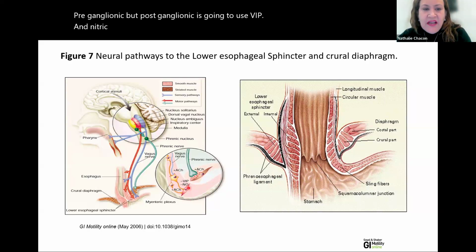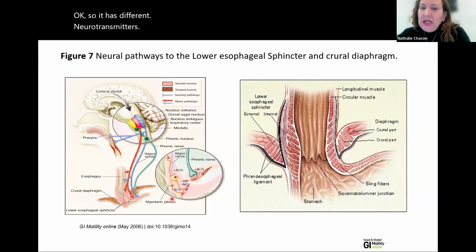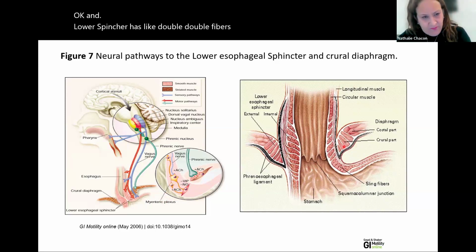VIP is vasoactive intestinal peptide. Okay, so it has different neurotransmitters. The lower sphincter has double fibers and double innervation. Okay? Any questions about this so far?